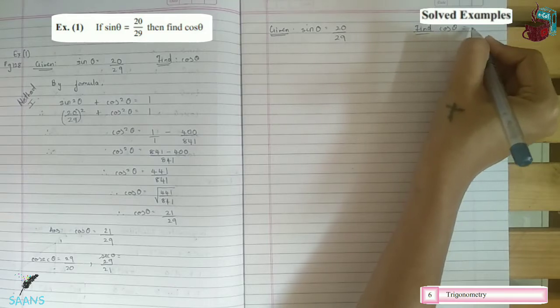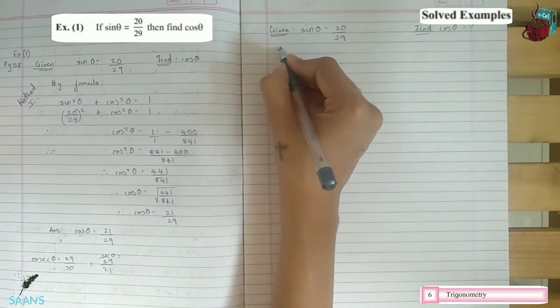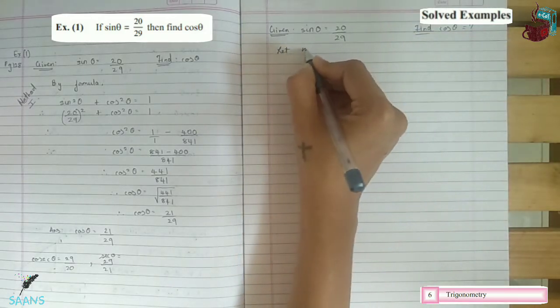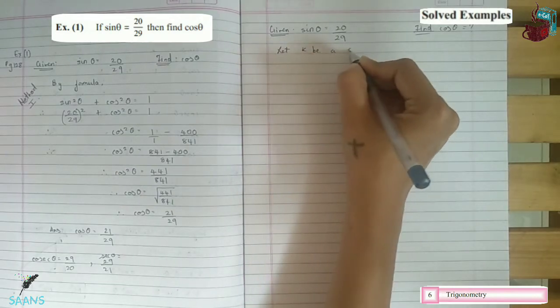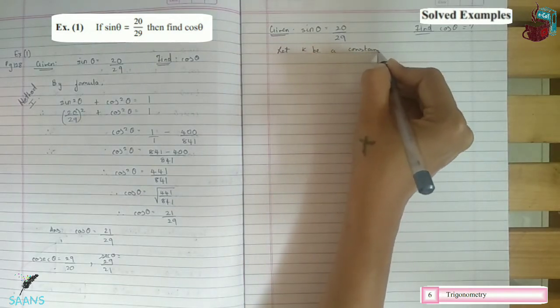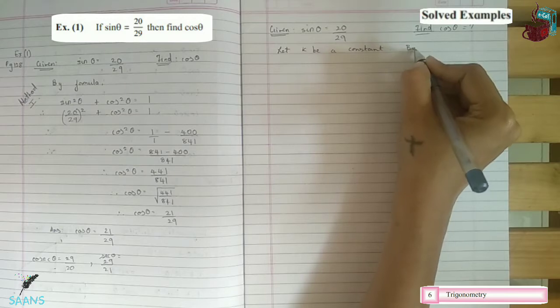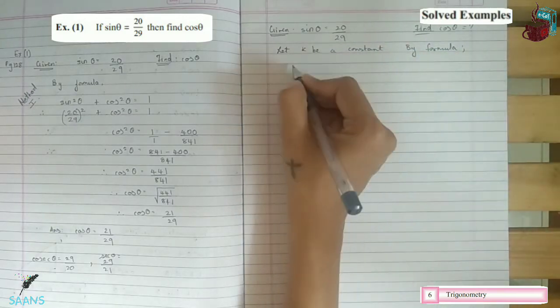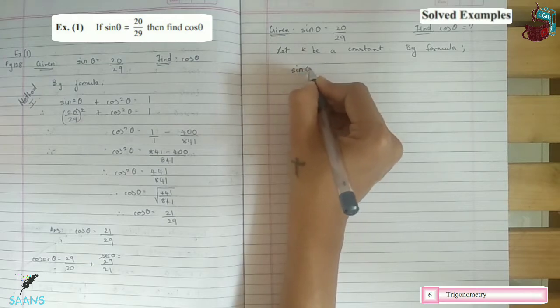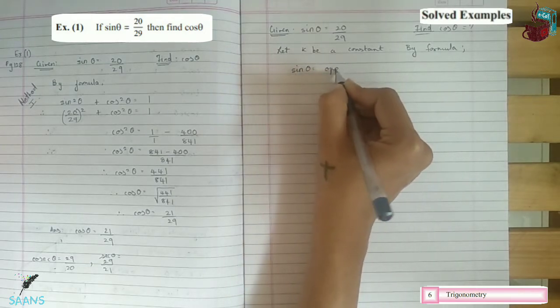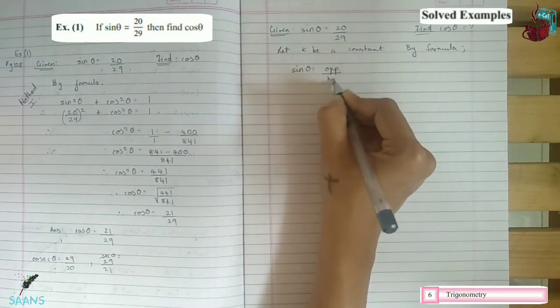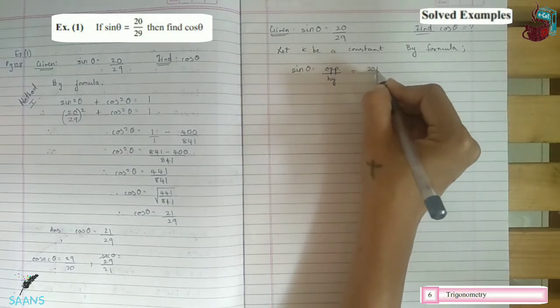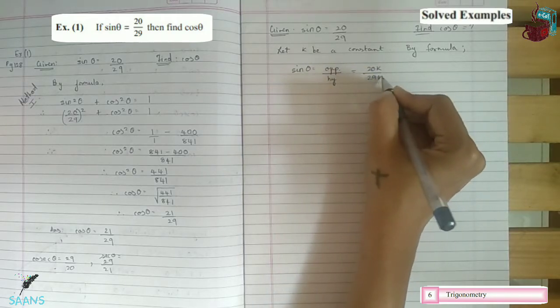So let k be a constant. By formula, sine theta is equal to opposite upon hypotenuse, that is equal to 20k upon 29k.